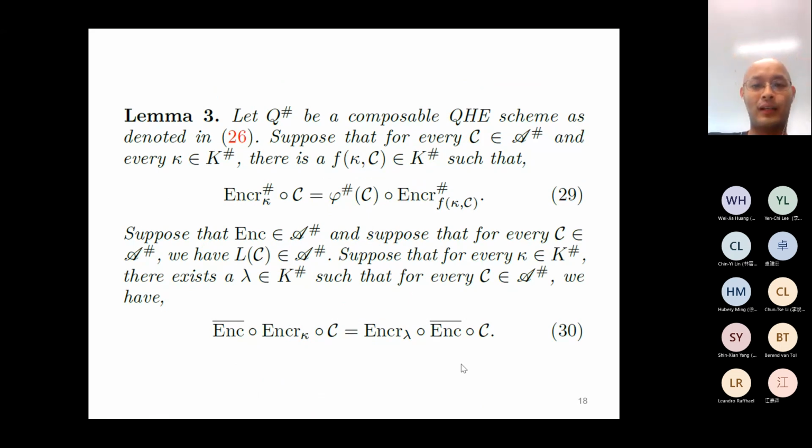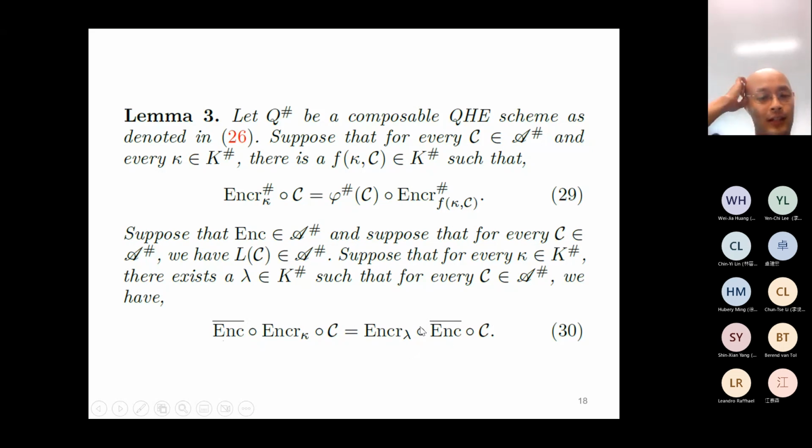So now the question is, what we'd like to show is that there's a way to imagine encoding after encrypting to be, in some sense, equivalent to encrypting after encoding.